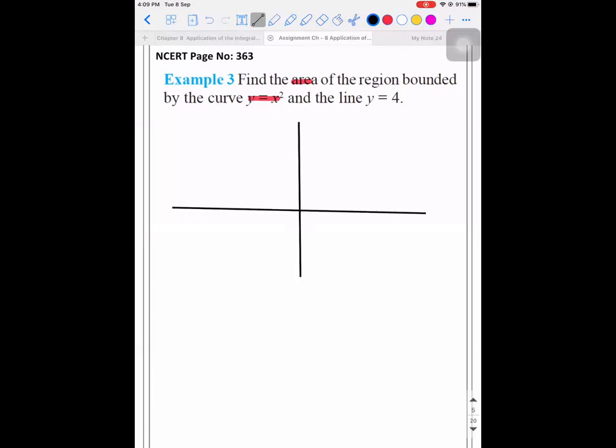Y-axis, x-axis. So this is an upward parabola. They didn't give you a restricted domain, rather a complete domain is given. So the domain is going to be real numbers, and the range is going to be from 0 to infinity. So this is y is equal to x square. y is equal to 4 represents what?